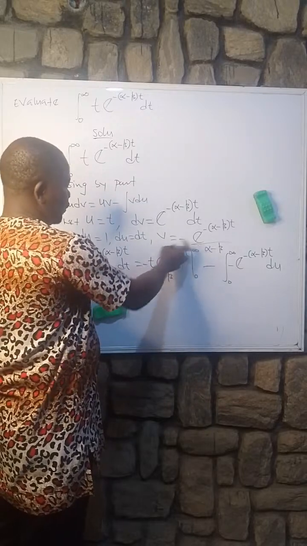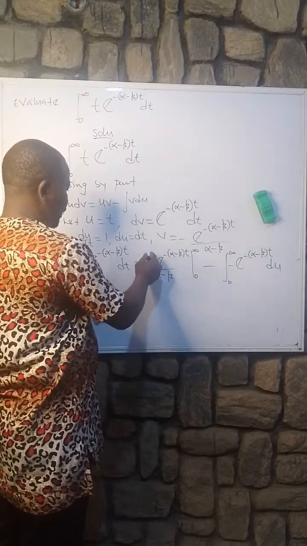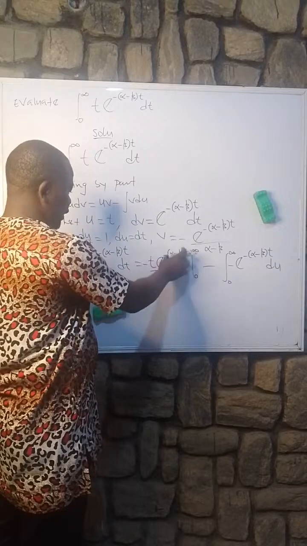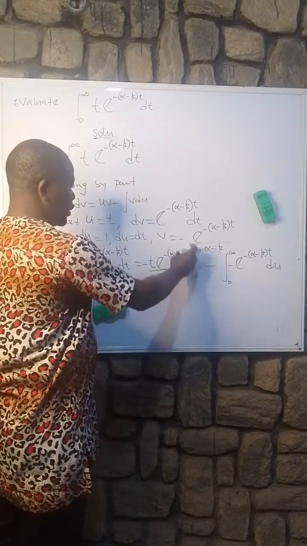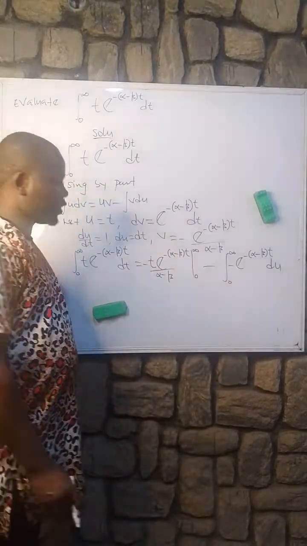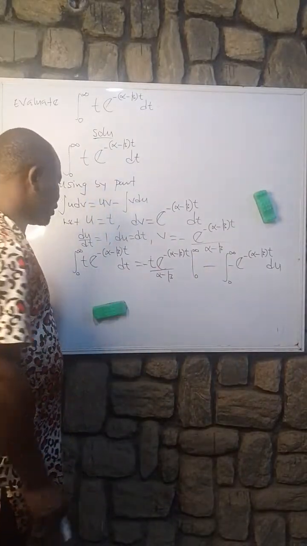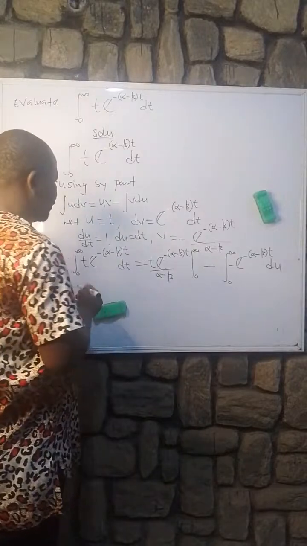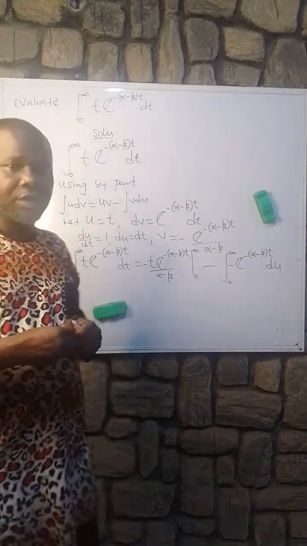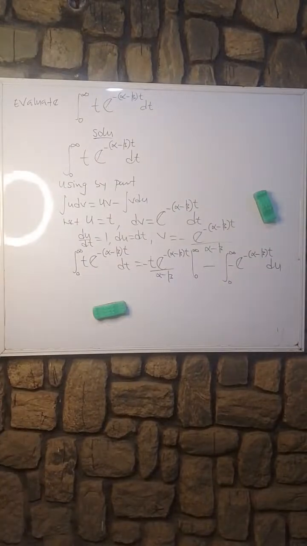But if we substitute, because of this t, both the lower and the upper limit will give 0. So all of this will vanish. I don't know whether you understand what I'm trying to say. Do you understand?